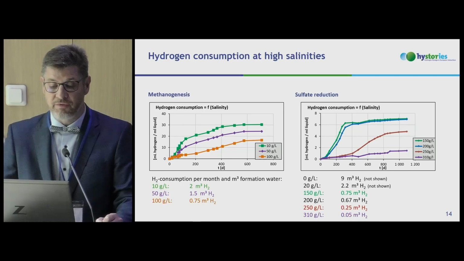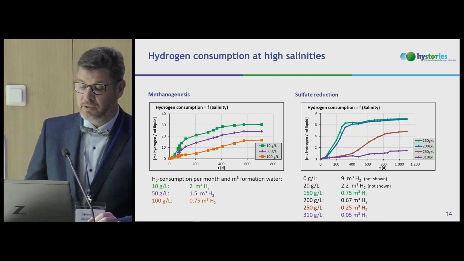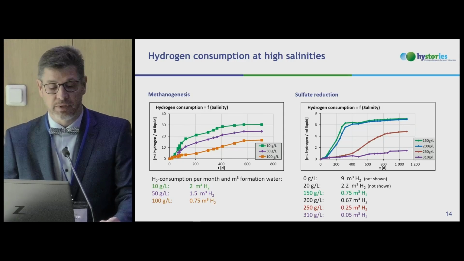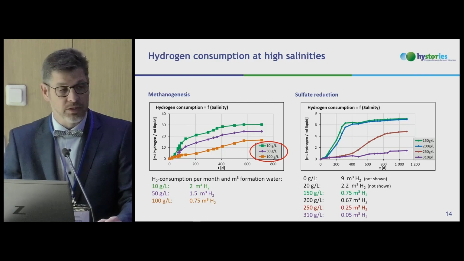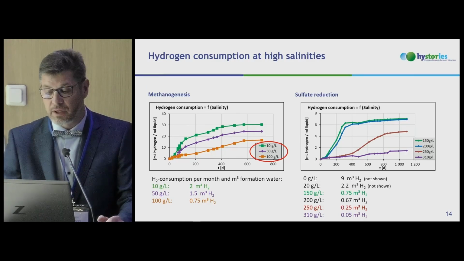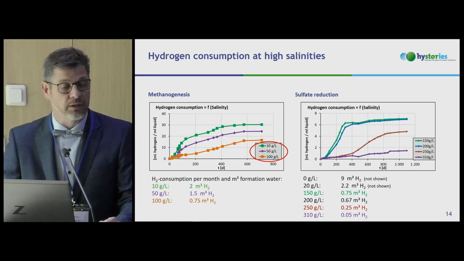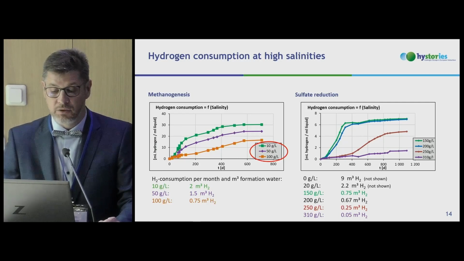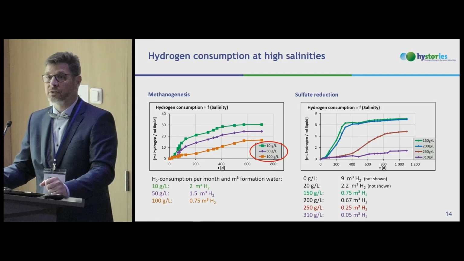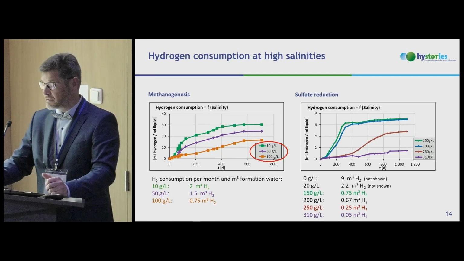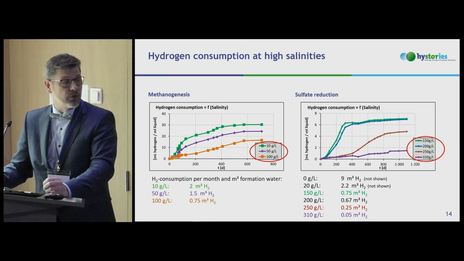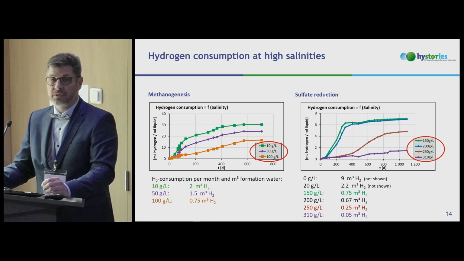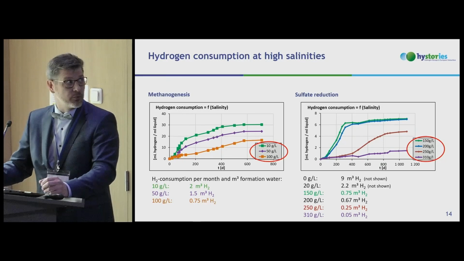In our experiments, we found that significant methane formation only occurs up to a salinity of 120 gram per liter and was no longer detectable in any culture at around 150 gram per liter. In contrast, sulfate-reducing microorganisms show a significantly higher tolerance to high salinities and can even grow and convert in saturated brine. However, activity and conversion rates are correspondingly low.